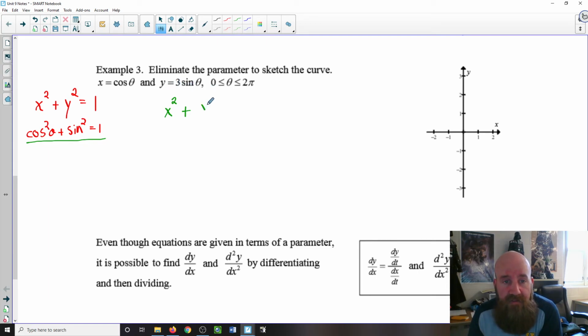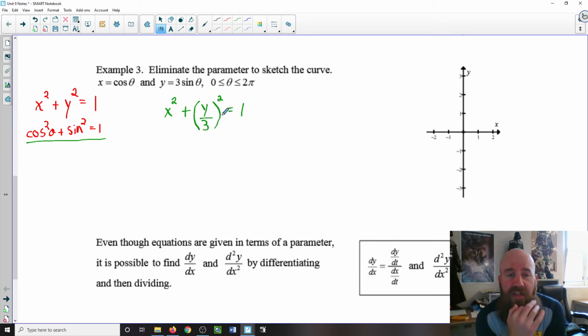So we sub in y divided by 3 for sine. We have to remember to square the whole thing because that's the equation. And it's equal to 1. Now this is an equation, and we can leave it like this. We don't have to solve for y.